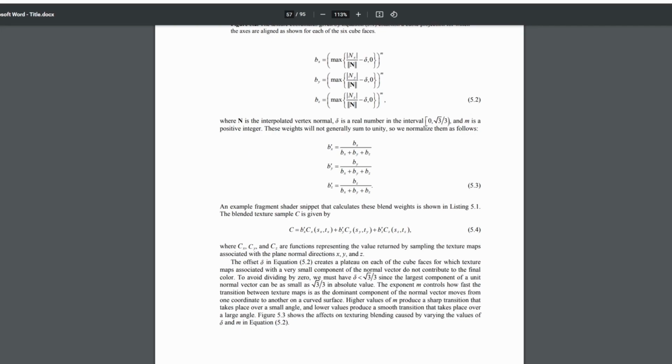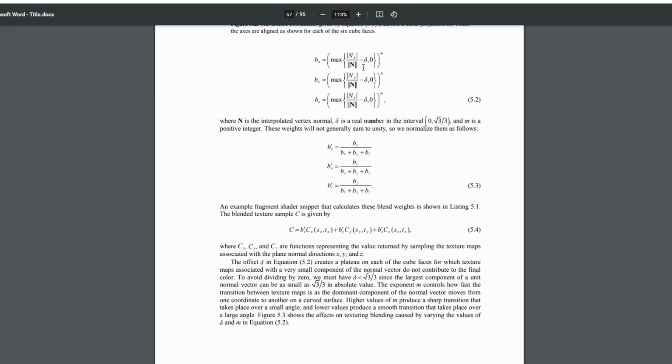The paper proposes that calculating X, Y, and Z blend weights can be done with these three equations right here. They're all the same except that they swap out one axis for another. The equation takes the difference between the interpolated vertex normal and delta. Delta is some real number between 0 and the square root of 3 over 3.